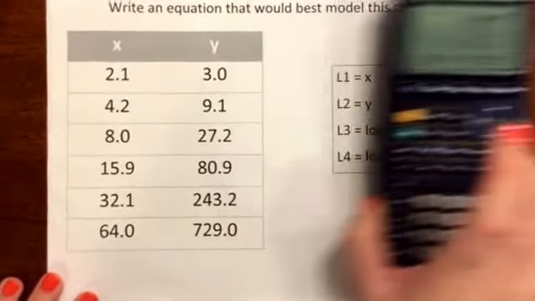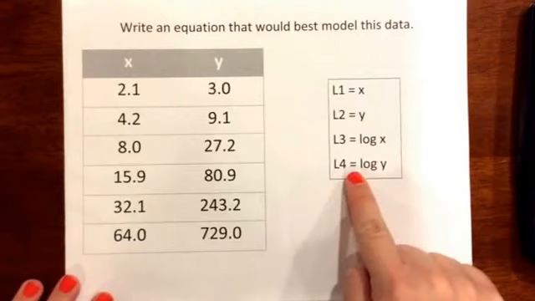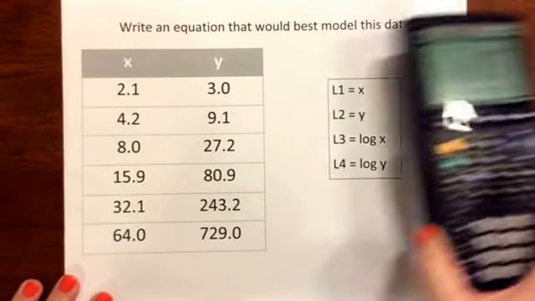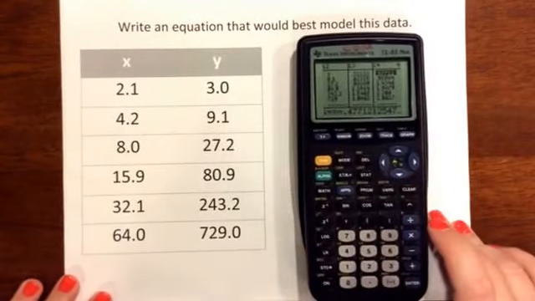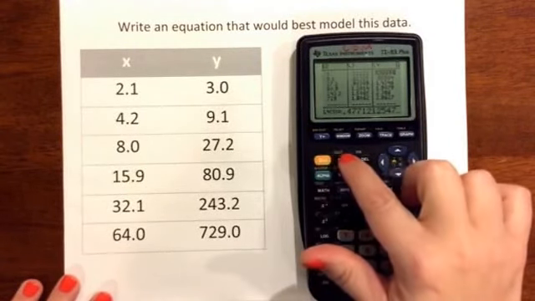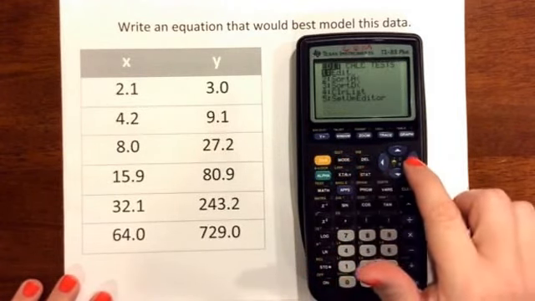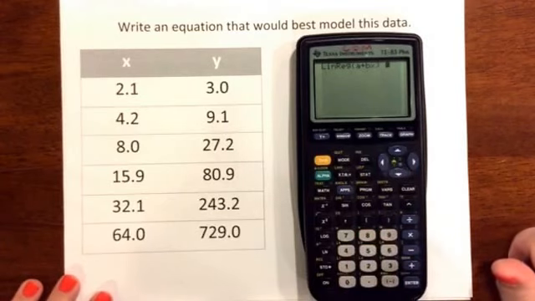So now we have what this says. List 1 is x, list 2 is y, list 3 is log x, and list 4 is log y. Now if we want an equation to this line, a least squares regression line, knowing that log x log y will give us the line, we want to go back to our home screen and we want to do stat calc 8. And the calculator needs to know what list you want to apply it to.